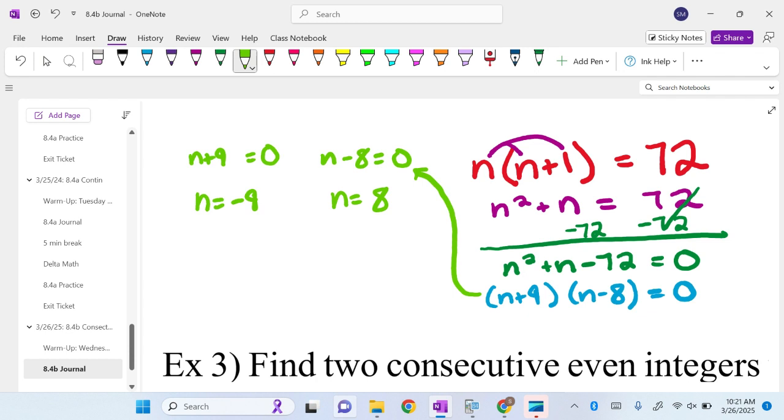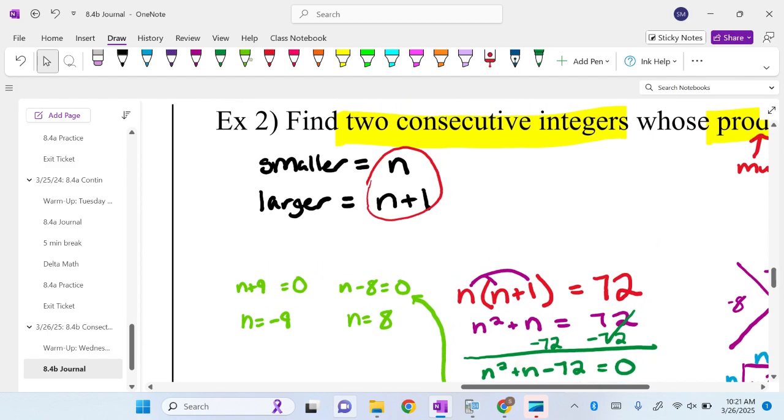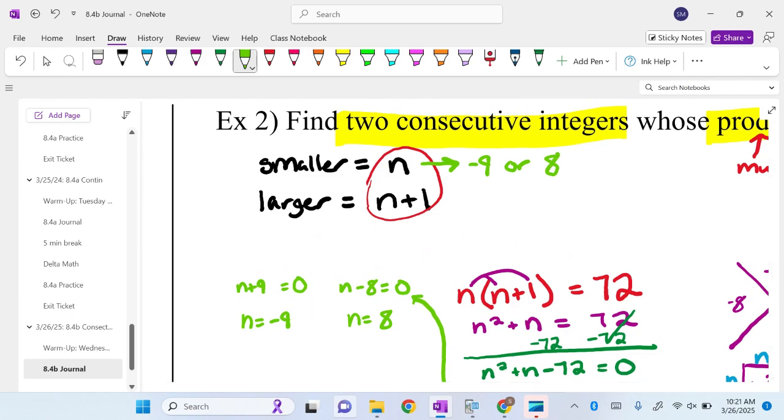Now, these are not your consecutive integers. These are just two of your smaller integers. So in other words, n could be either negative 9 or 8. So we need to find the larger of the two integers, or the largest integer for both numbers.